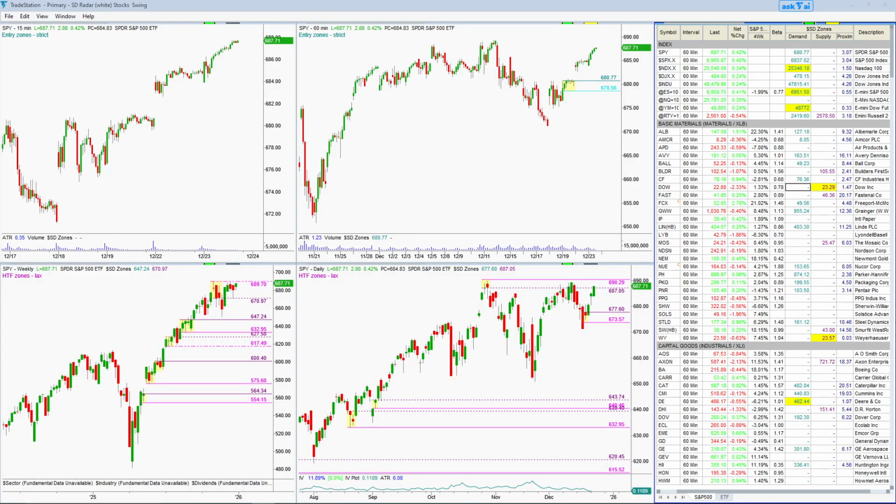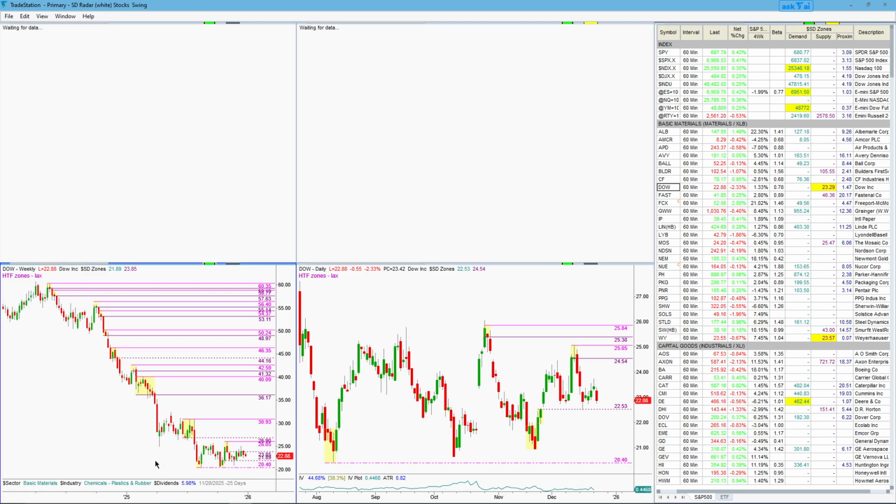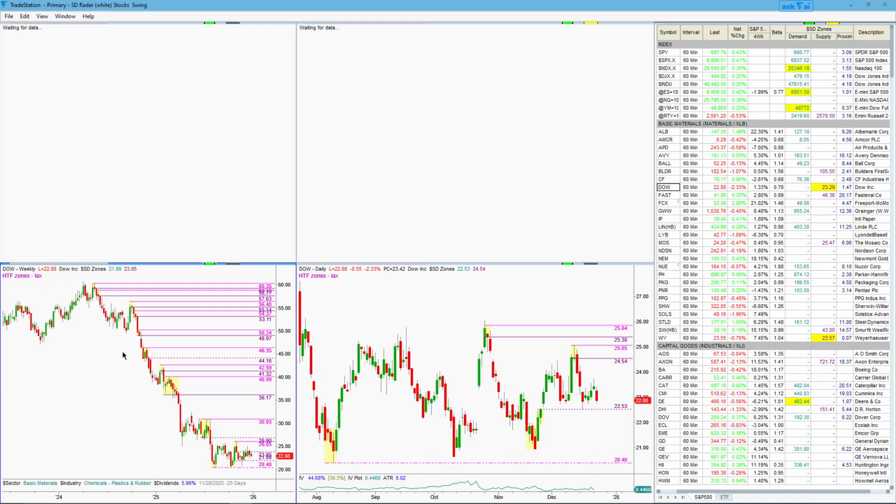But for the heck of it, and just for educational purposes, let's click on this Dow chart anyway and see what it looks like. While we're waiting for the minute data to arrive, we'll notice right away that, boy, Dow has been weak. Over many weeks, right? And actually over a couple of years, it's just been down.